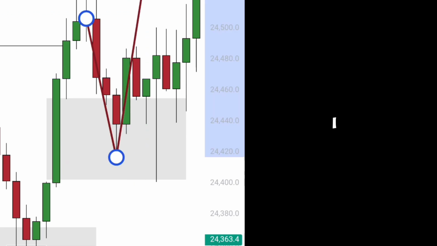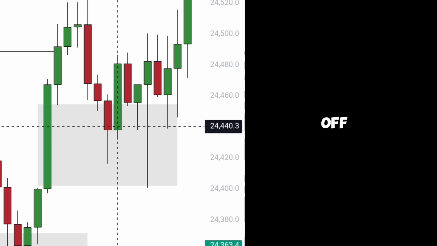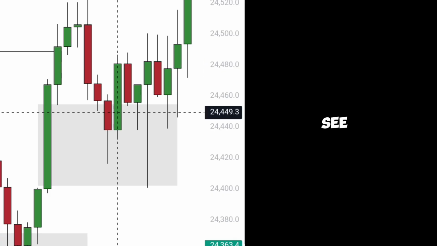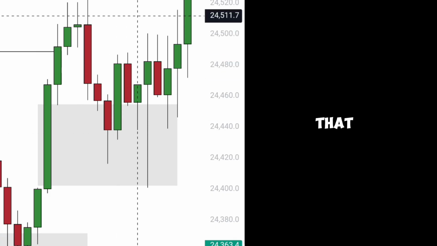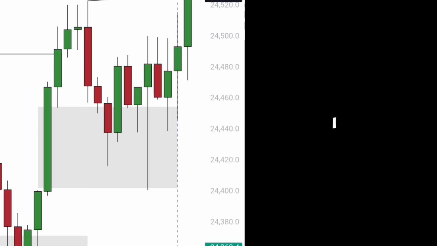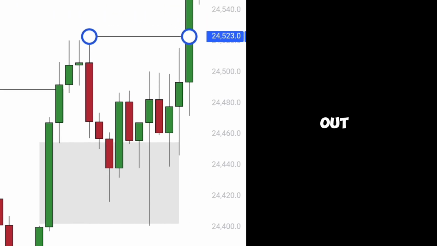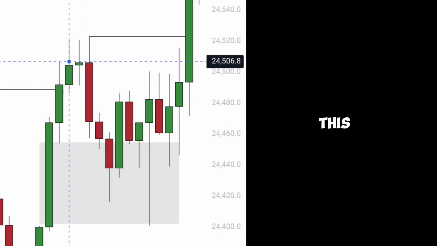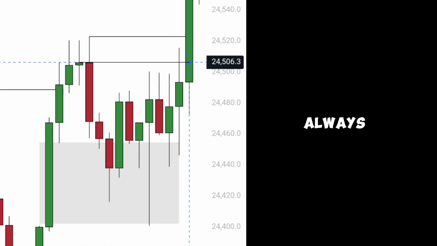Okay, so I don't just want to take a trade based off the bullish candle that I see here. I want to see that there is a candle that takes out that high, which is going to be this area here. All right, for some people, they can make use of this area. I always advise that you make use of the line chart.